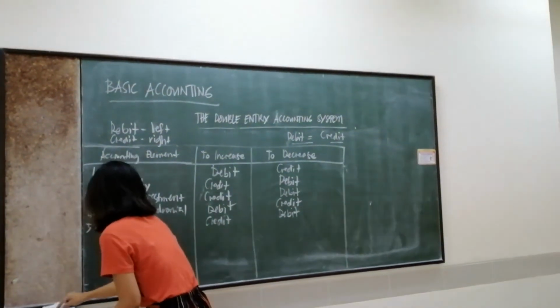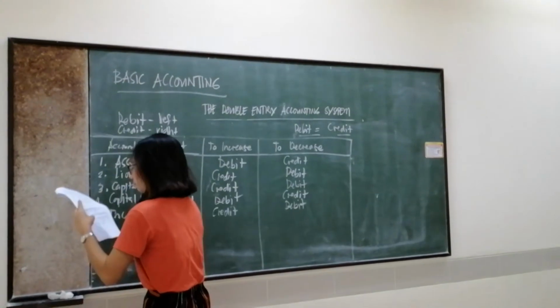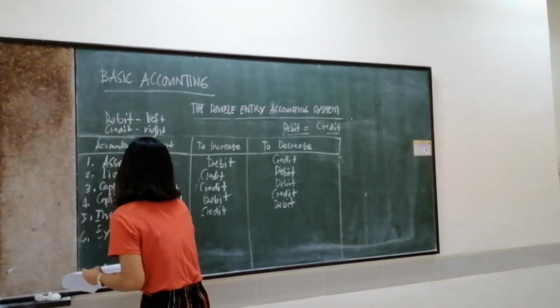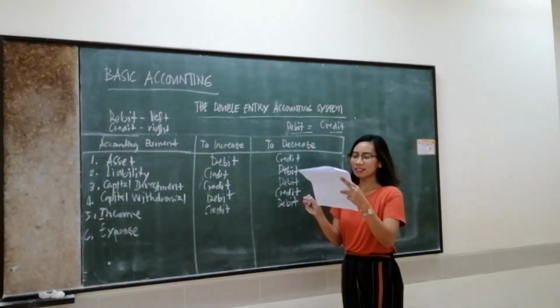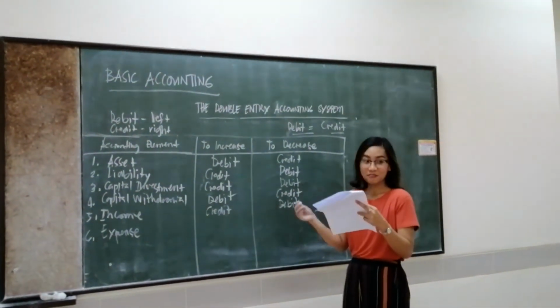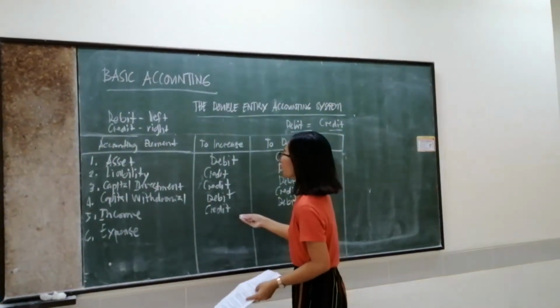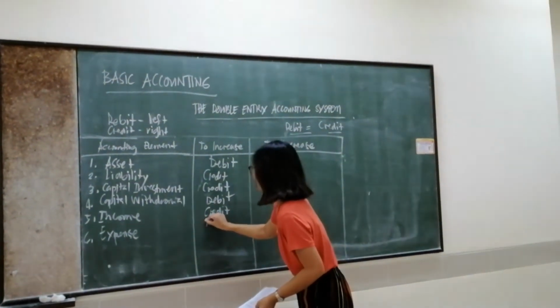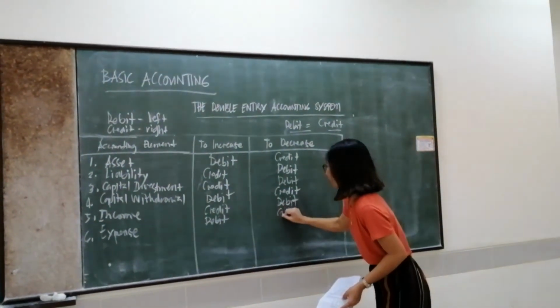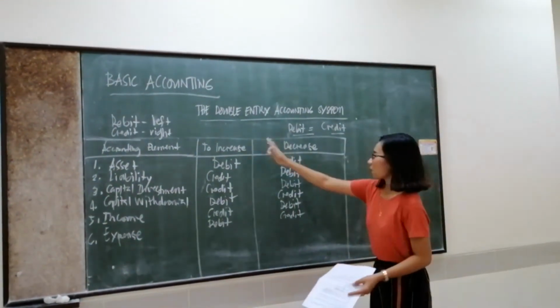Number 6, expense. Expense and asset have the same effect. If you want to increase the expense, you have to debit. And decrease, credit.